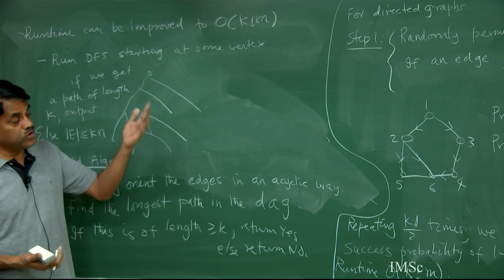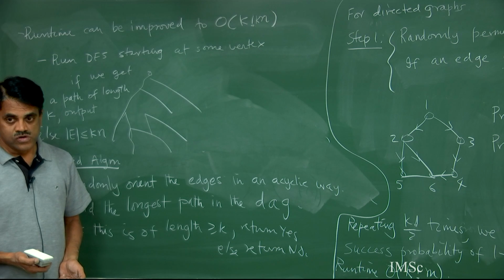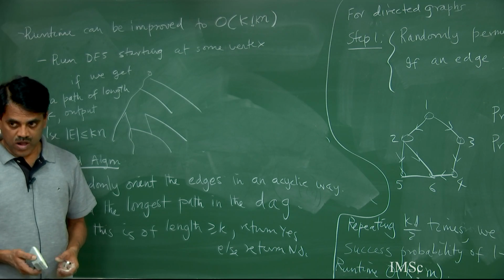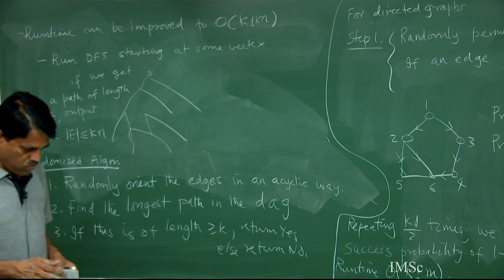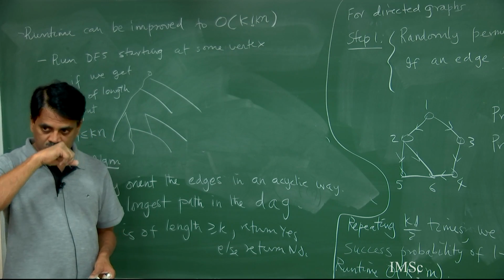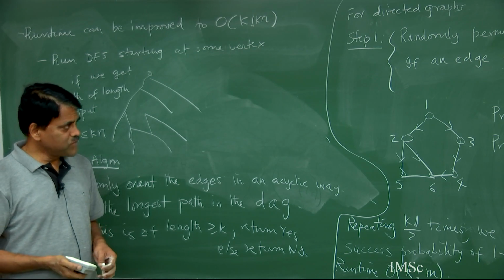If I know how to answer, is there a simple path of length k? Okay. And then simply search for a k minus 1 path first, and then see if the last vertex is complete. Yeah, right.